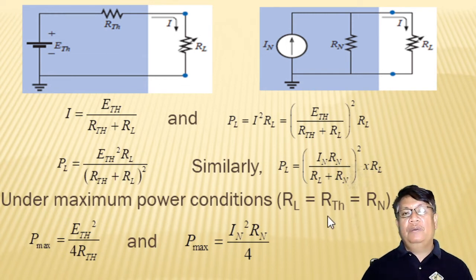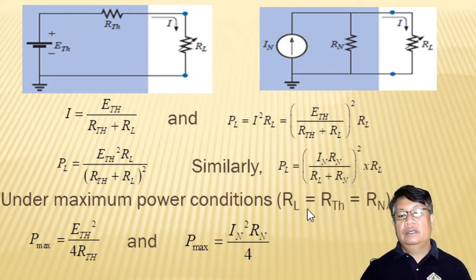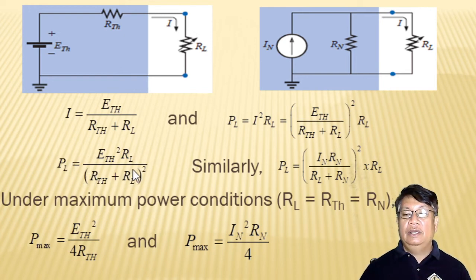For the maximum power transfer, as we said, the load resistance is equal to the Thevenin resistance and the Norton resistance. So if you are going to use this equation to have maximum power transfer, then convert all resistances R sub L to R sub TH. So this will become R sub TH, and this will become R sub TH.